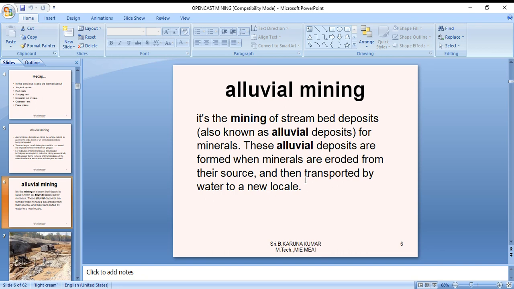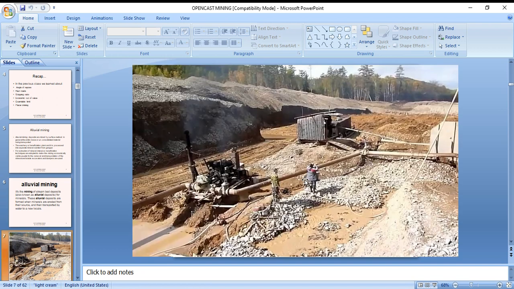I give a typical image of alluvial mining deposits, shown here. This is a complete view of alluvial mining.